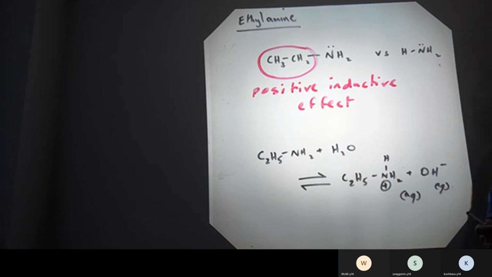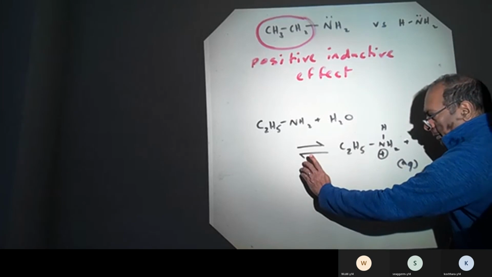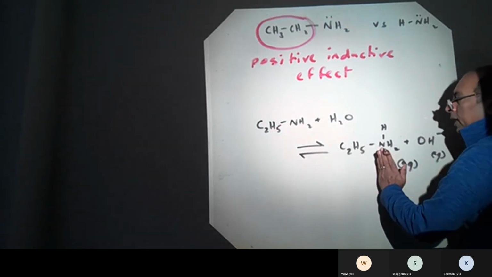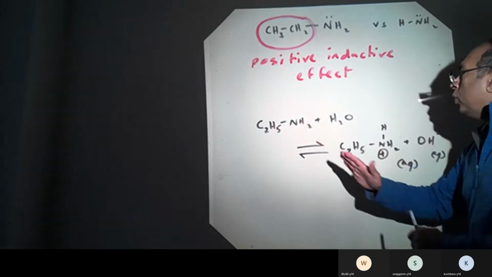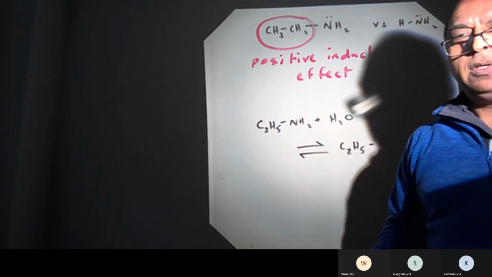So that reaction will be more over to this side. The equilibrium position will be over to the ions more than if it was ammonia.